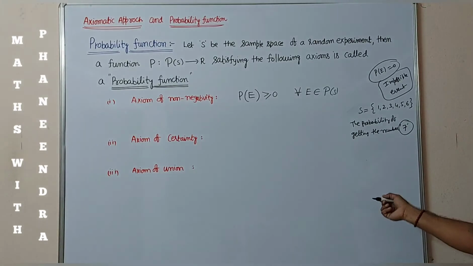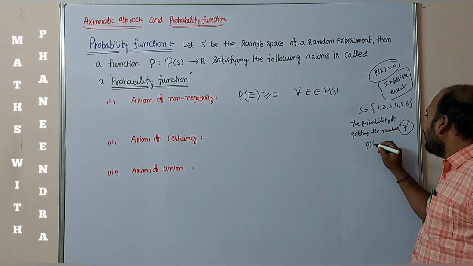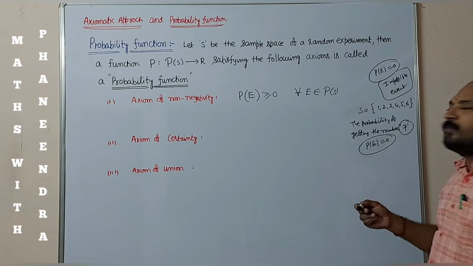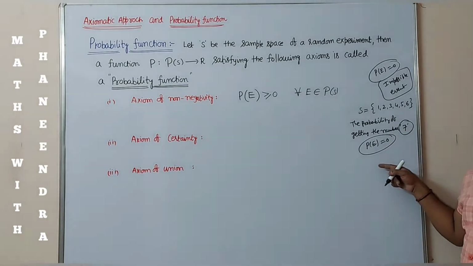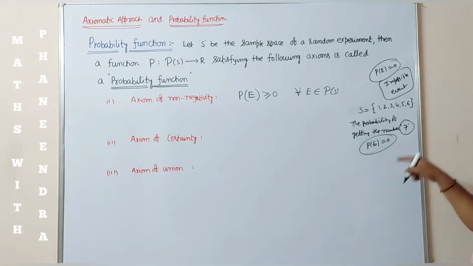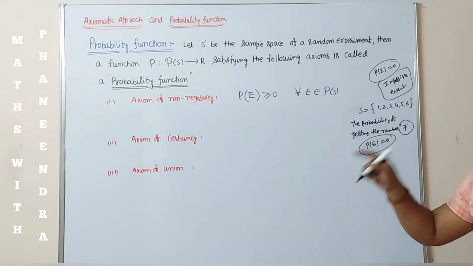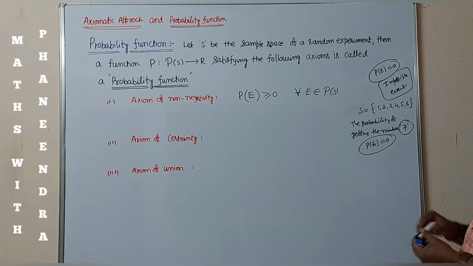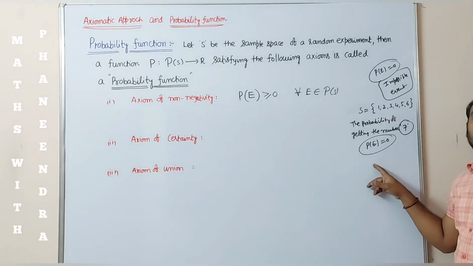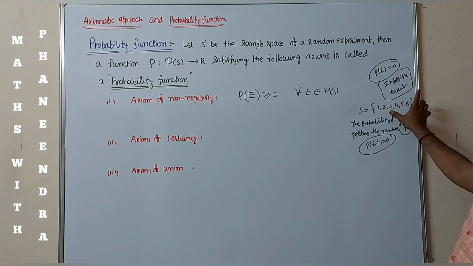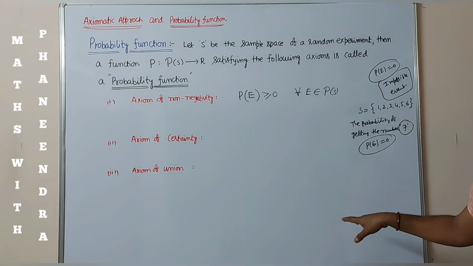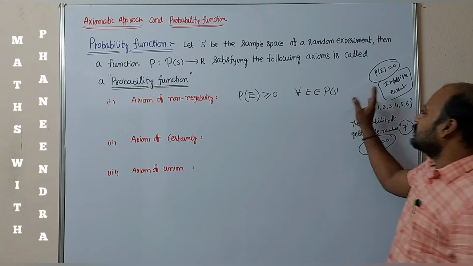It is not possible. That is the reason the probability of that event is 0. There is no case in which we get the number 7. That type of event is called an impossible event, whatever number other than these 6 they ask for.